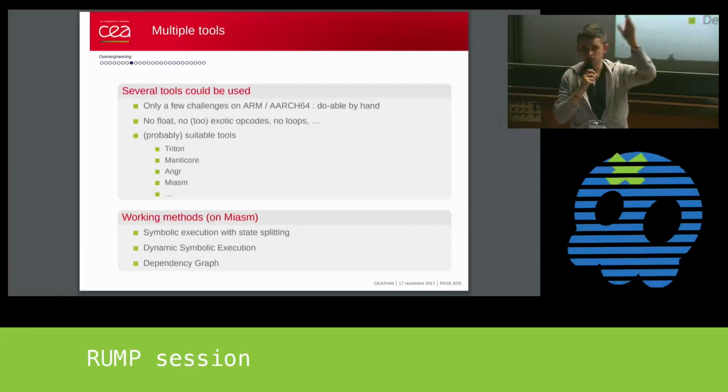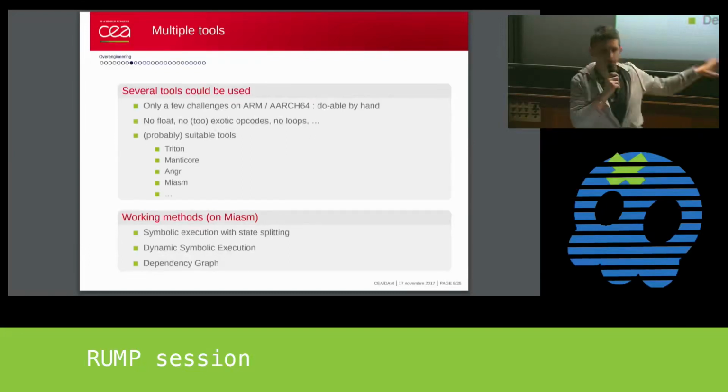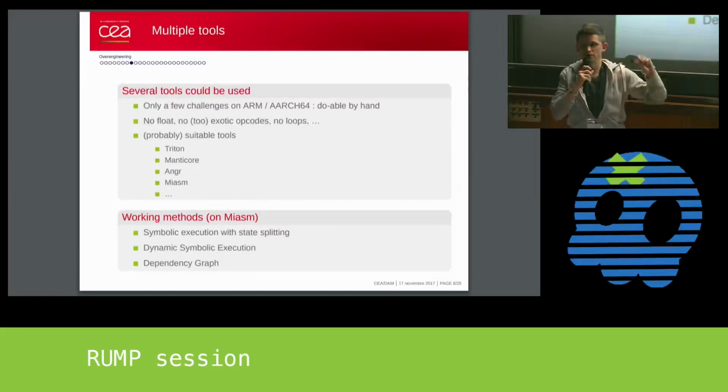You just go through your CFG, and when you get to a split, you ask the solver if it is able to go to the branch that interests you, and you go on until you reach the final equation. And the final possibility is to use the dependency graph: you start from the end of the graph and ask for every path that is possible to reach this final equation.